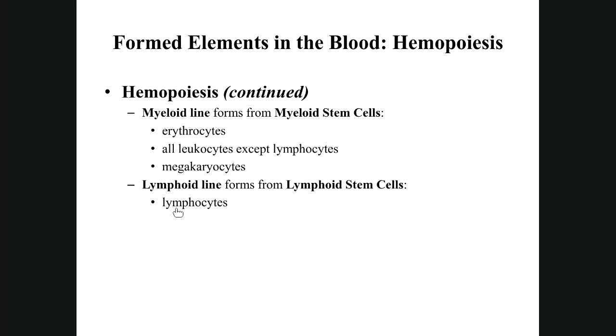We haven't got there yet, but lymphocytes are just one of the five types of white blood cells. So the lymphoid stem cell only makes lymphocytes. The myeloid stem cell, on the other hand, is going to make all of the other formed elements, the reds, the platelets, and also the rest of the whites.